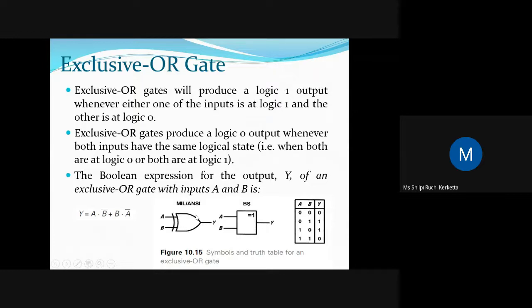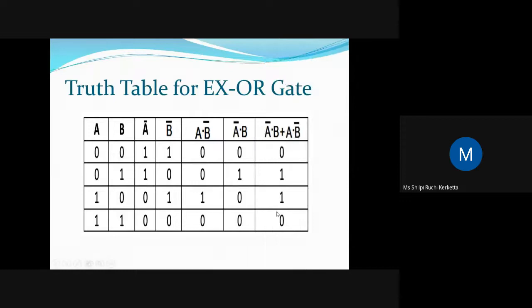There is an OR gate, and behind it at the input there is one more line. So this is the XOR gate. This is the Boolean symbol for XOR gate, and this is the output. If we use this expression, then we will get this output. We will see how we are getting it.